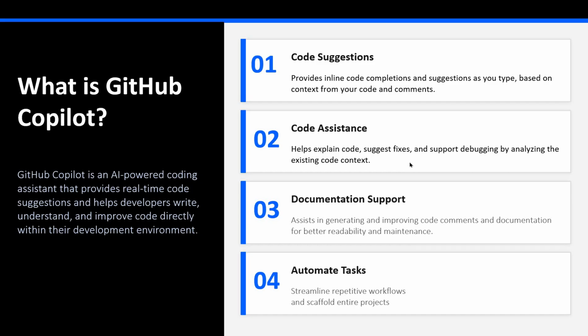Let's say if there are some existing bugs in your source, it will directly suggest the fix for it, and also support debugging tips as well. Okay, then we have the third thing, that is documentation support. Yes, it can help you generate and improve code comments and documentation for better readability and maintenance.